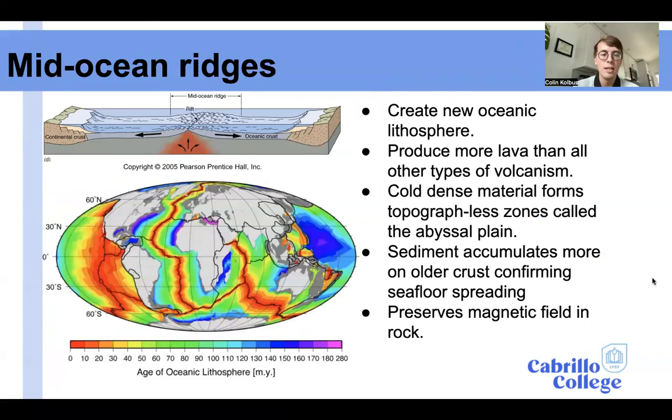Here's more on that. You can see the age of the lithosphere in the ocean. In some regions in the Pacific, we have material that's not even 10 million years old. So it's pretty interesting to see all the new Earth being created in our oceans.